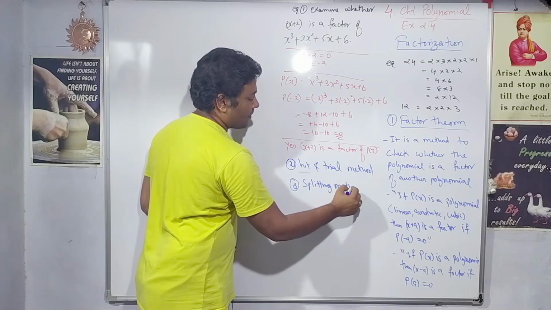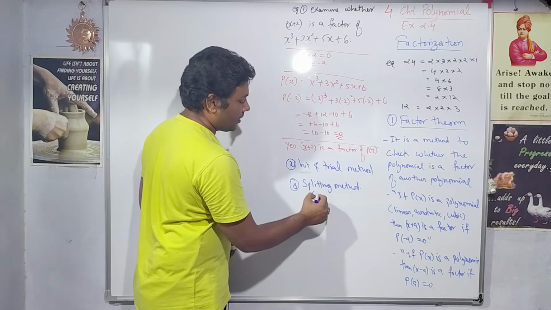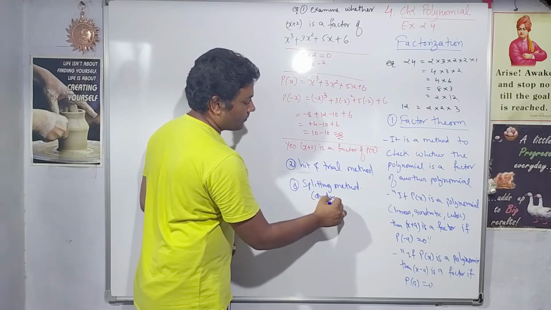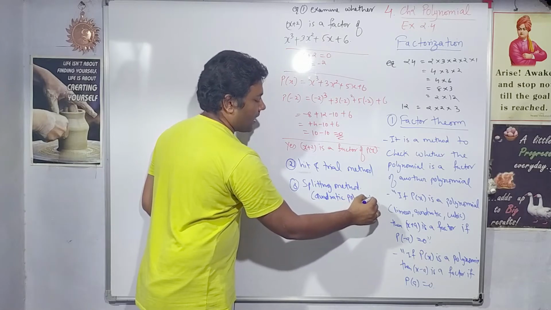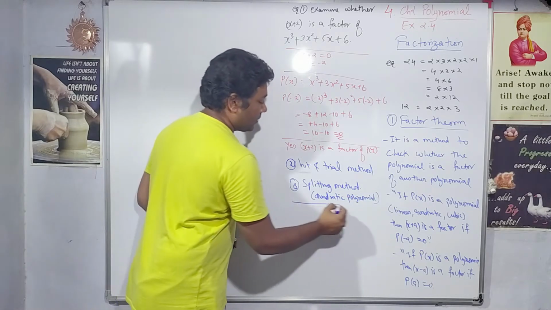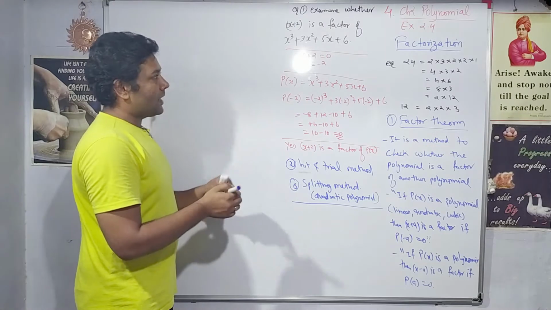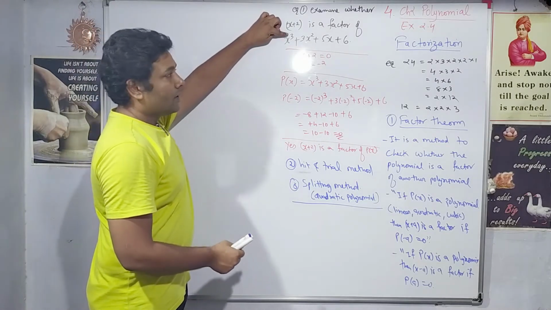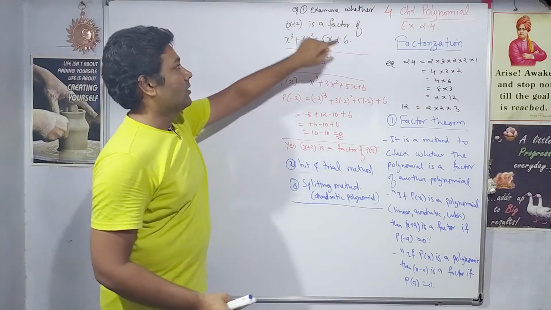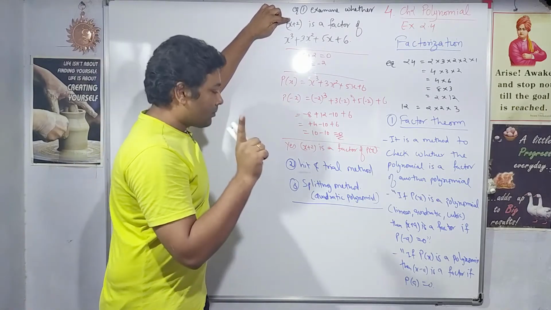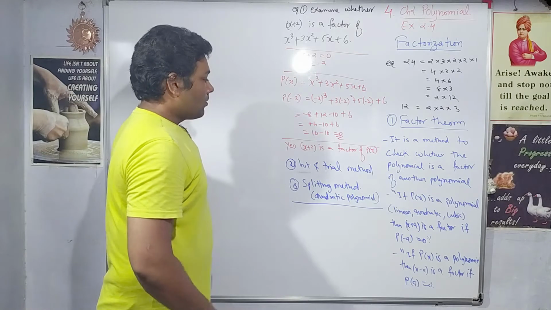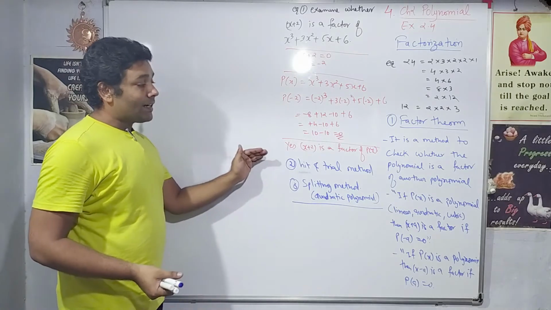The splitting method is most comfortable with quadratic polynomials. I hope you remember what a quadratic polynomial and a cubic polynomial are, right? If the highest degree is 3, this is a cubic polynomial. If the highest degree is 1, what do you call this? Linear polynomial.